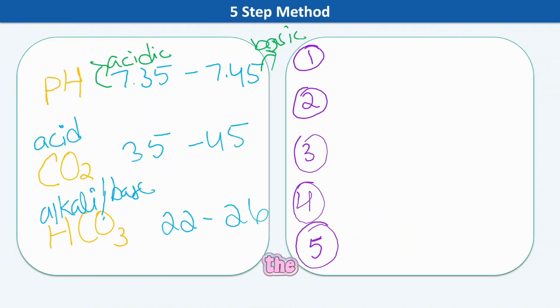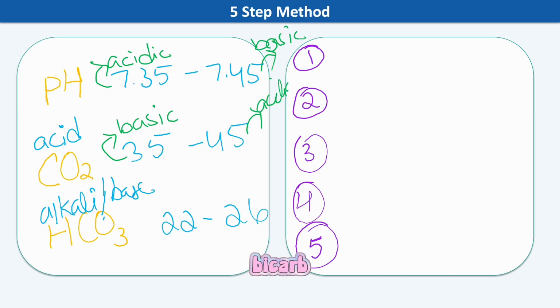If the carbon dioxide level goes down, what happens to the blood? The blood turns basic. But if the carbon dioxide level goes up, our blood turns acidic. The opposite happens with bicarb, because bicarb is the base.